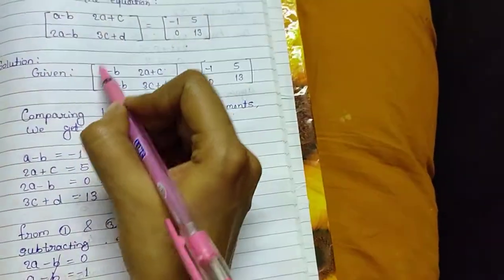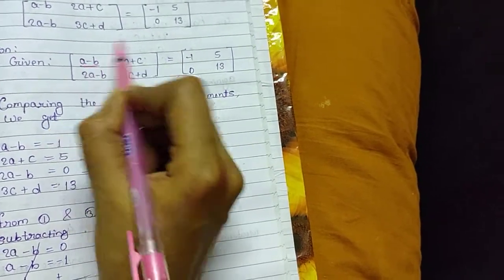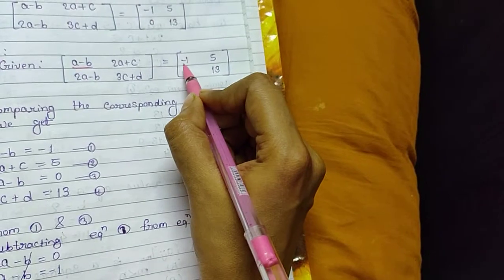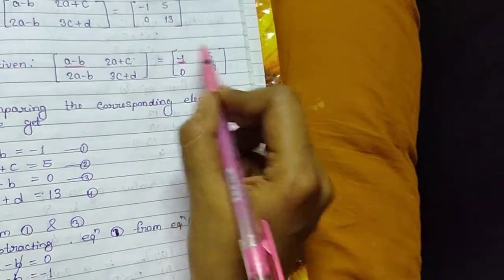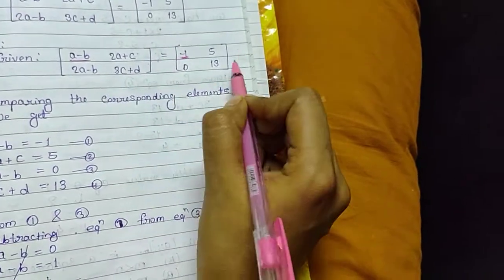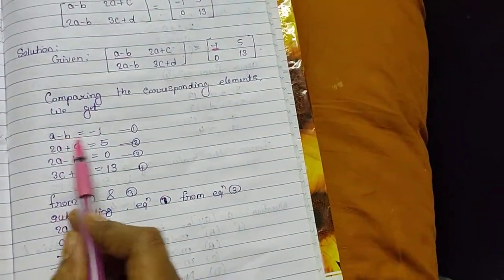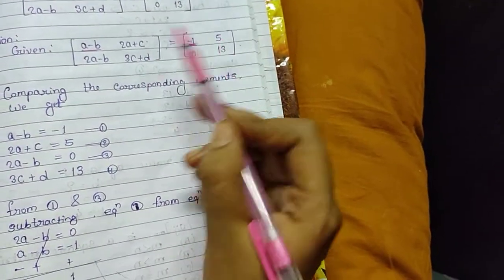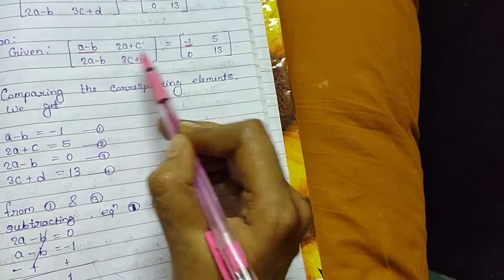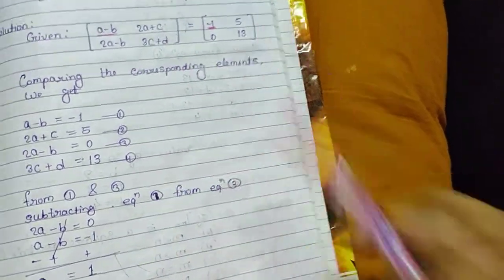Comparing means the first row, first column element is equal to the corresponding element of the other matrix. So a − b = −1, 2a + c = 5, 2a − b = 0 and 3c + d = 13.